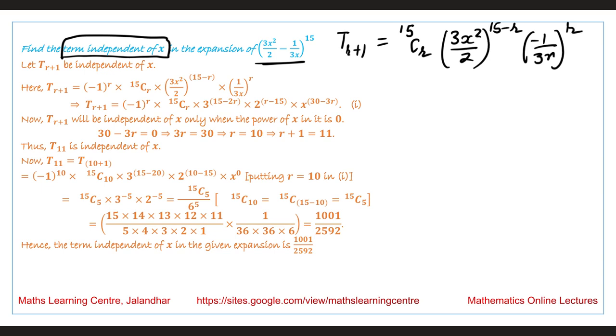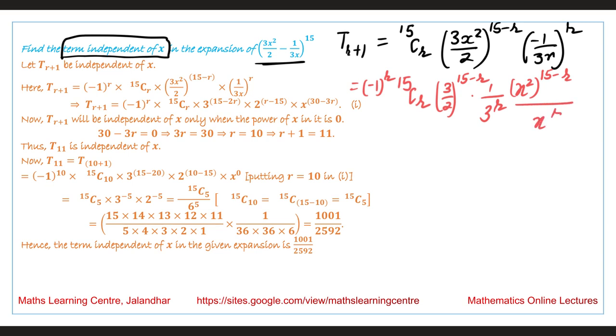Now look at these terms over here. It is minus 1 raised to the power r, 15Cr, then it is 3 by 2 raised to the power 15 minus r, then it is 1 by 3 raised to the power r. Next we are left with x square raised to the power 15 minus r divided by x raised to the power r.